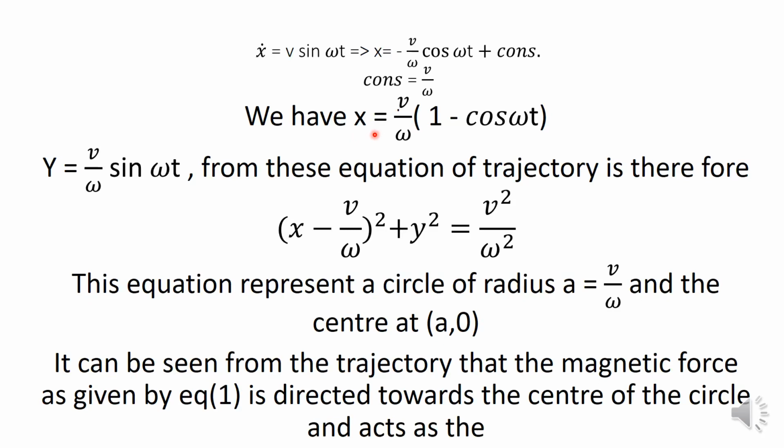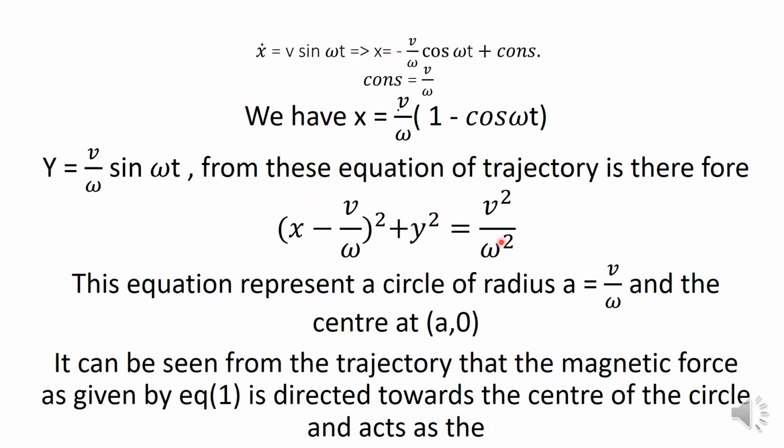And from these two equations, if we add them after taking squares, we get x minus v by omega whole square plus y square is equal to v square by omega square. This is a very common equation, as we already know from the coordinate geometry of a circle.